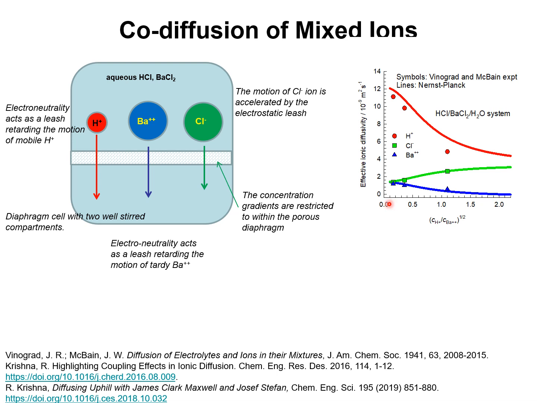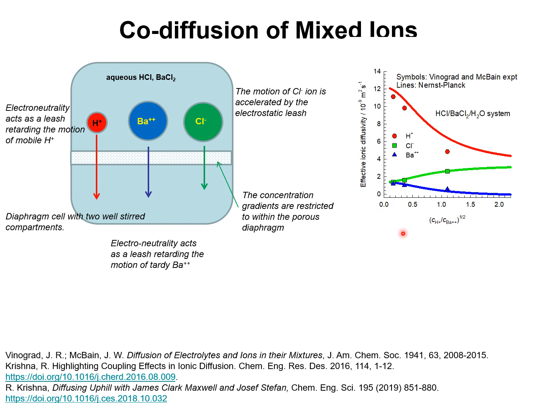The ionic diffusivities at vanishingly low concentrations of the electrolytes are as follows. Hydrogen has an ionic diffusivity that is about a factor 10 higher than that of chloride and barium.